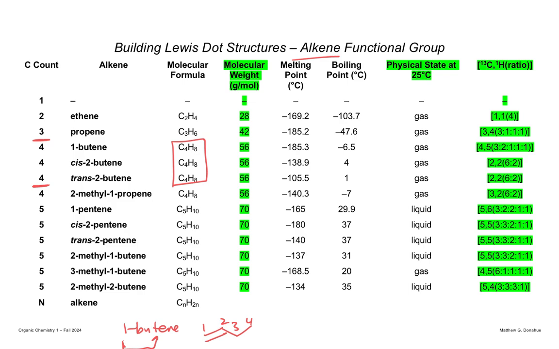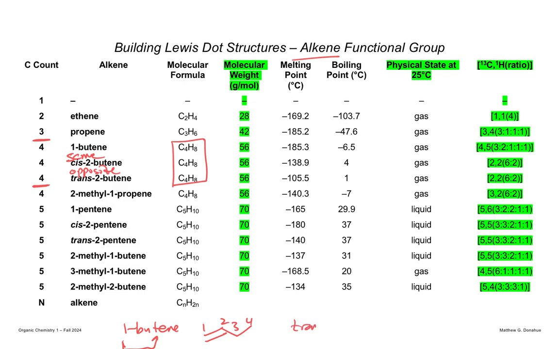So now we have two butenes, but then there's these other words in front of them, cis and trans. Cis means same. Trans means opposite. What is that related to?